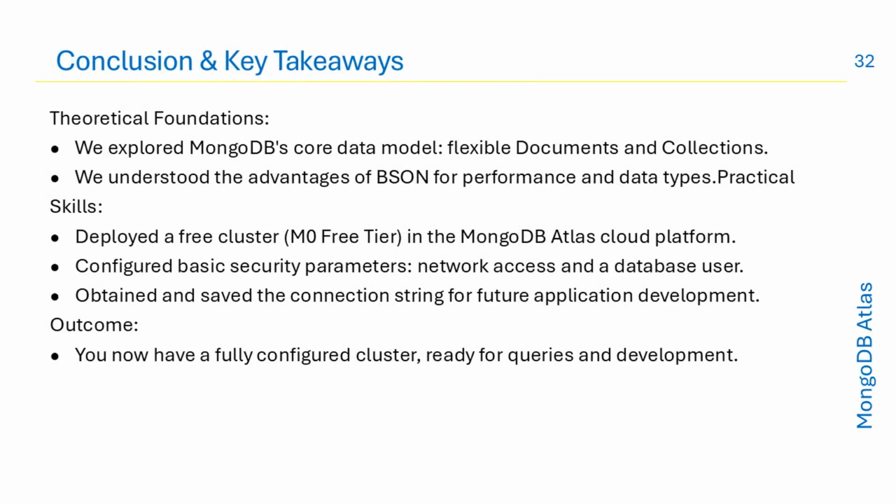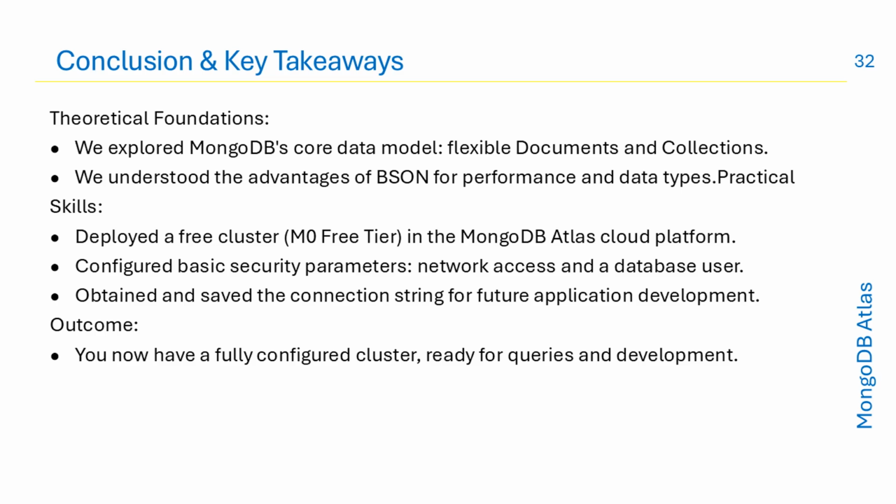And that brings us to the conclusion of our lecture. Let's quickly recap the key takeaways from today's session. On the theoretical side, we started by exploring the core of MongoDB's architecture, its flexible data model built on documents and collections. We also learned why MongoDB uses the BSON format to achieve high performance and support a rich set of data types. Then we moved to the practical side.